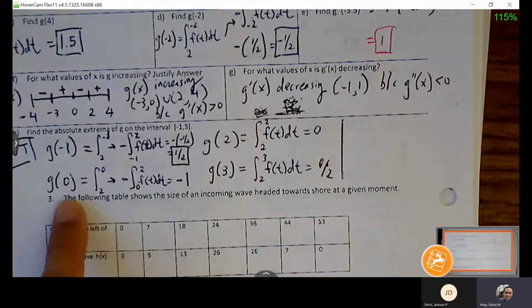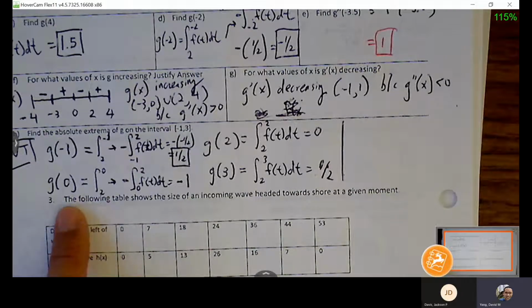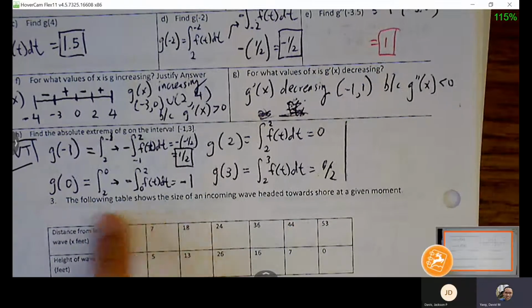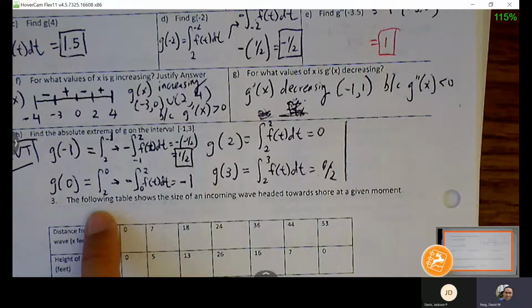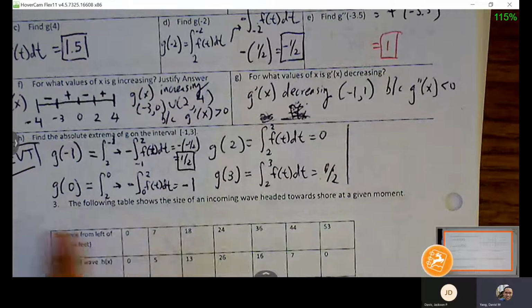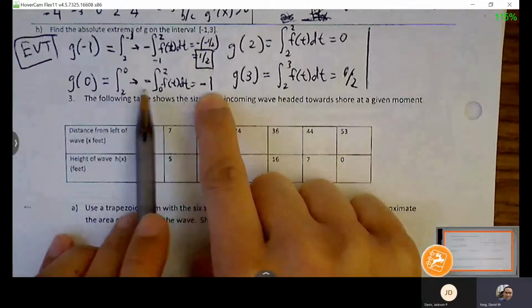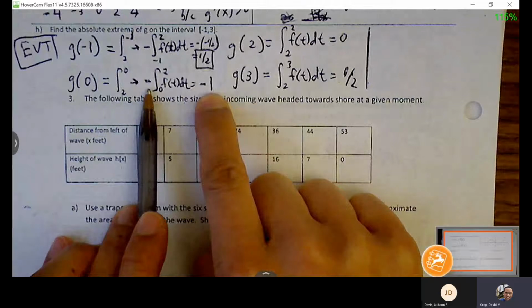You mean G of 0? Yeah. G of 0 is, let's see, from 2 to 0, 0 to 2. Should be a positive 1, right? Yeah, sorry, positive 1. Because it was -1 to begin with, but then there's a negative that changed the sign.